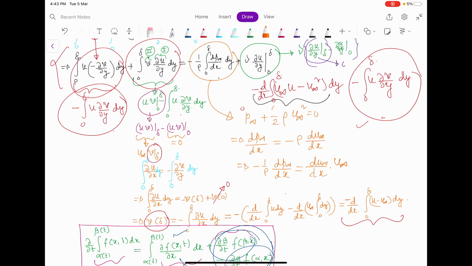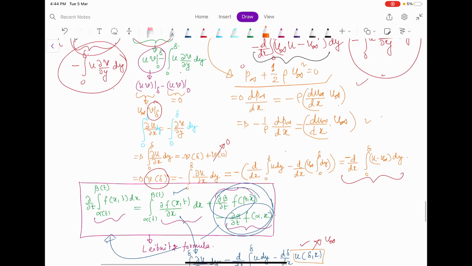So this term I have done here, so let me check it once again. Outside the free stream, that will be p infinity plus half into rho into u infinity square, okay, so that is equal to 0. Outside the boundary layer for the free stream, Bernoulli equation is valid, okay. Now this will be dp infinity dx minus rho into u infinity into this, okay, right. So this is correct, okay.